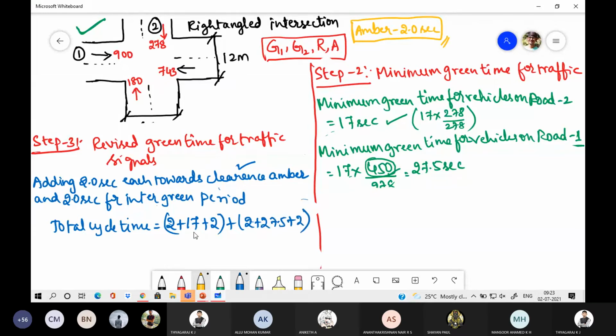So for road 2 we add 2 seconds for clearance and 2 seconds for intergreen, and for road 1 also, 2 seconds for intergreen and 2 seconds for clearance.